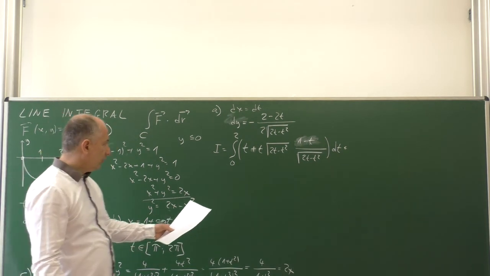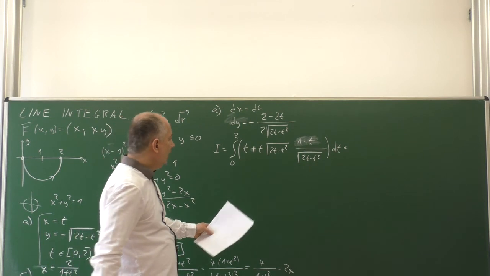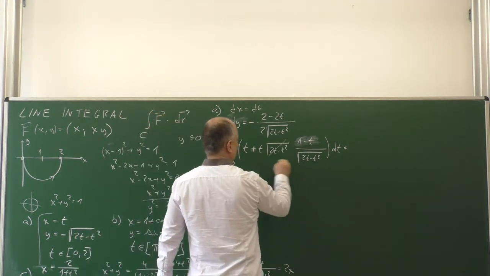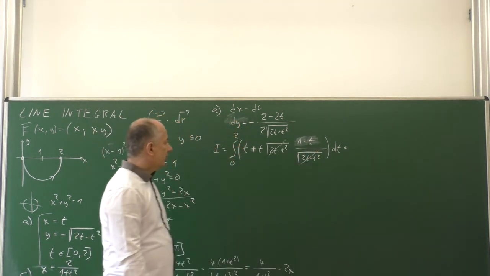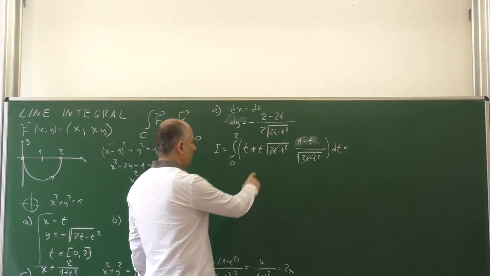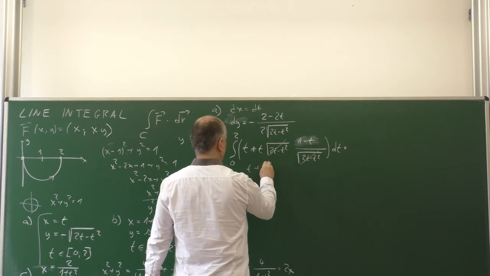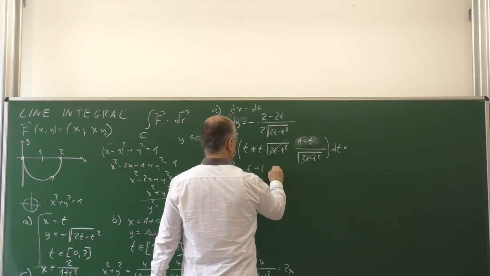Let me check this with my previous computation. Now we can reduce this square root, and we get t plus t minus t squared.